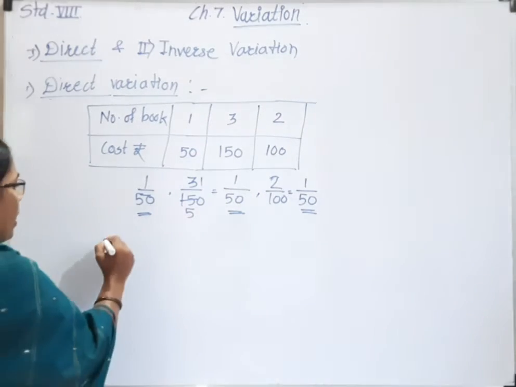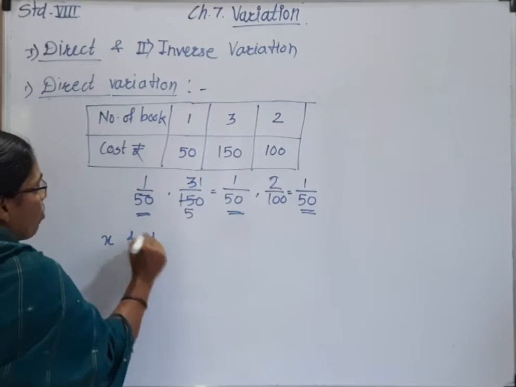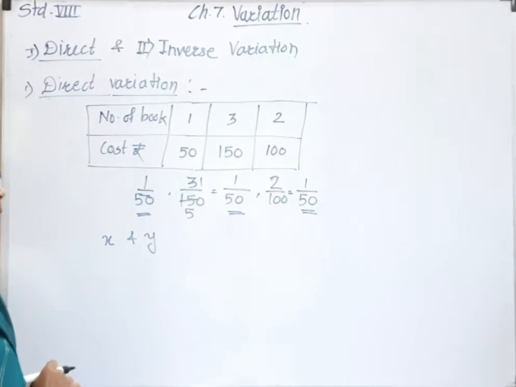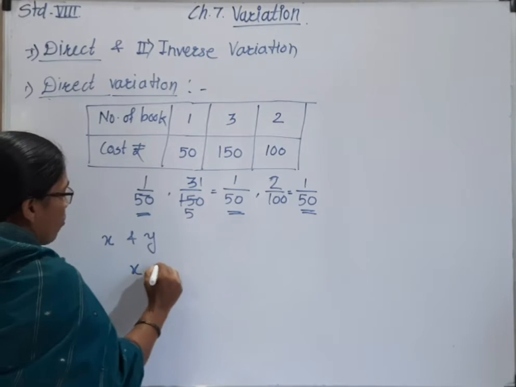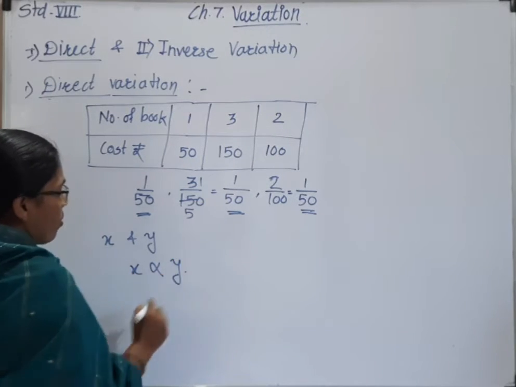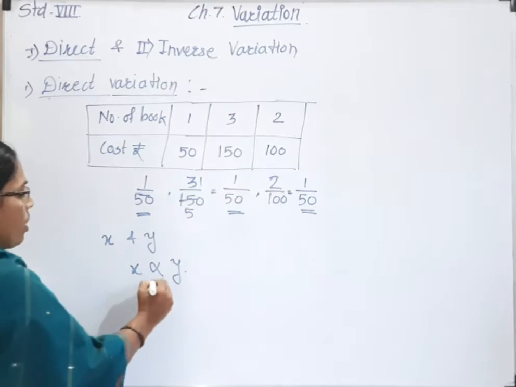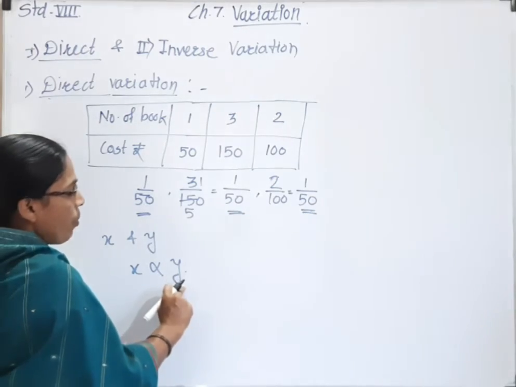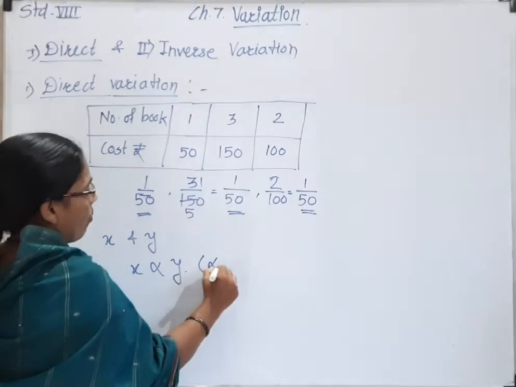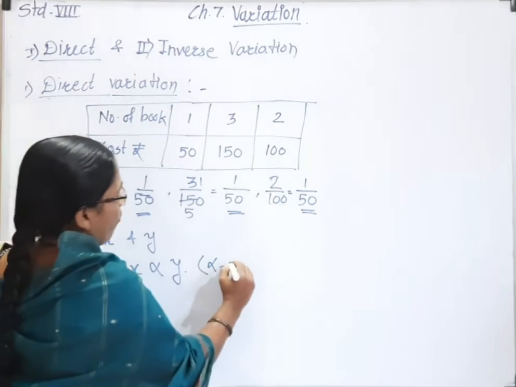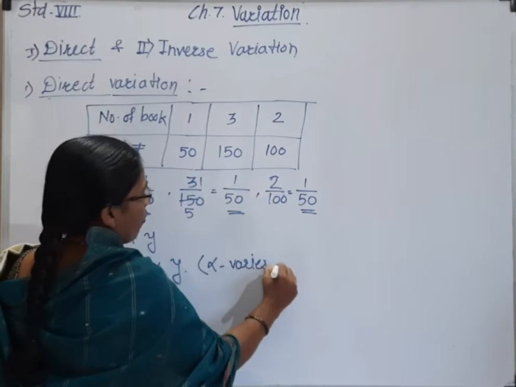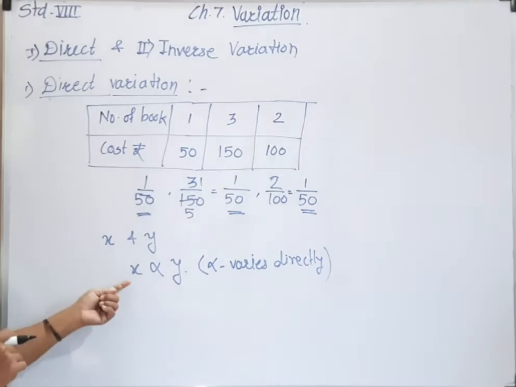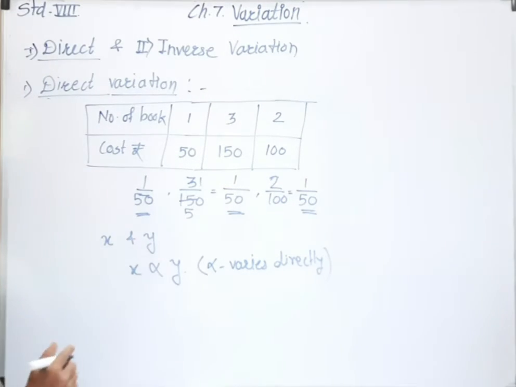Similarly, if x and y are any two quantities, then x varies directly as y. In mathematics we write this using the sign alpha, which we read as varies directly. x varies directly as y.